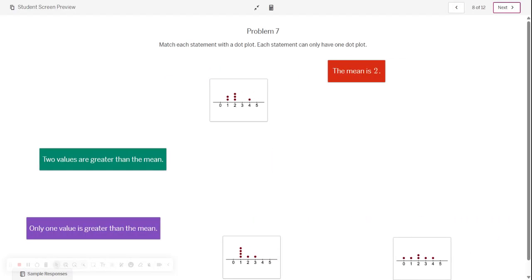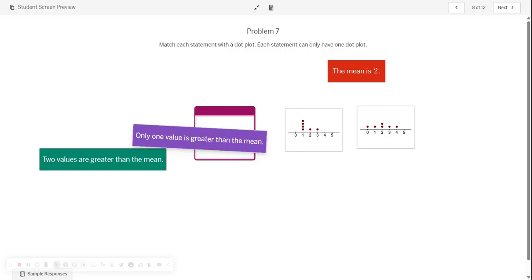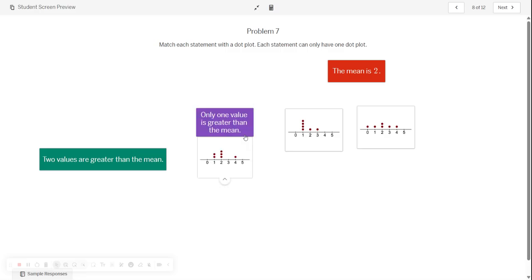Ooh, we got a matching one. Oh, and then I'm going to have to do some actual math. Okay, so 1 plus 1 is 2, 4, 6, 8, 12. And there's 6 dots, that's 2. But then there's 1 dot greater than the mean.